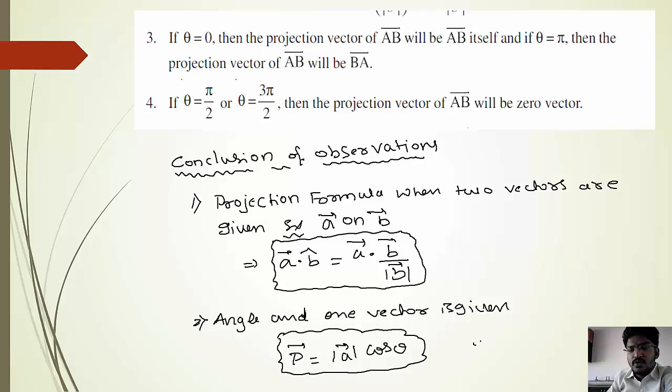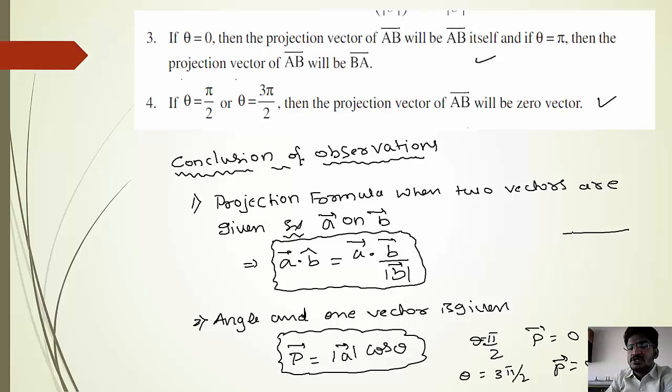Clear? As you all know, if theta equal to pi by 2, projection P will be equal to 0. In the same way, if theta equal to 3 pi by 2, projection will be equal to 0. That is what your fourth observation tells. And the third observation is already explained in the geometrical form.